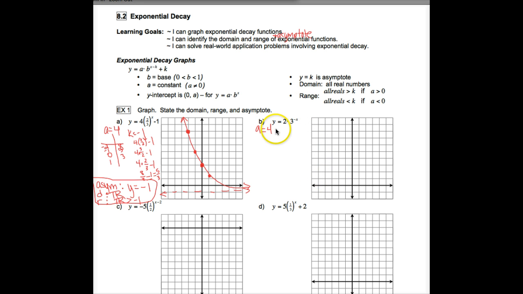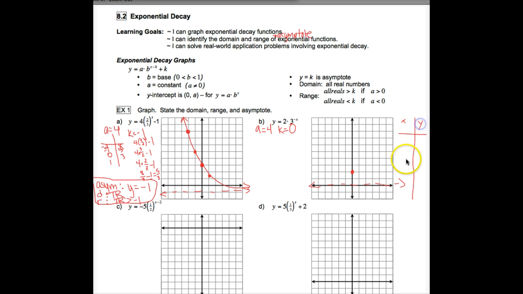So that means my starting point is going to be at (0, 2), because I don't have any shifting. I do not have a k value, so that means k equals 0, which means that's where my asymptote is going to be. So there's my asymptote.